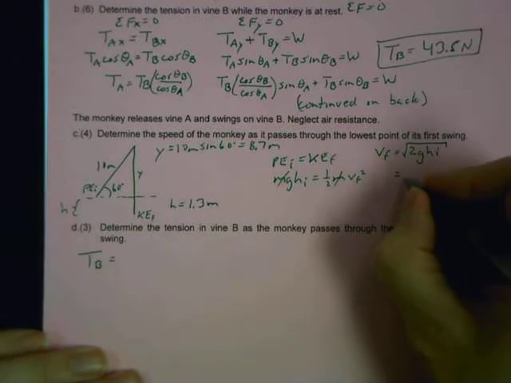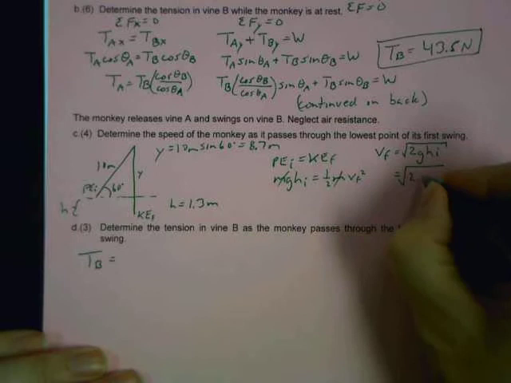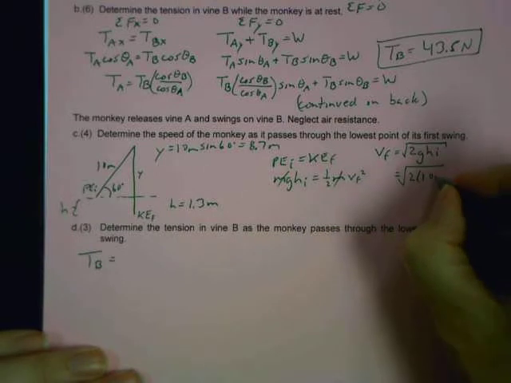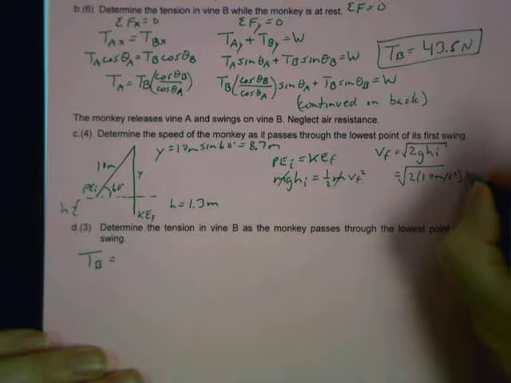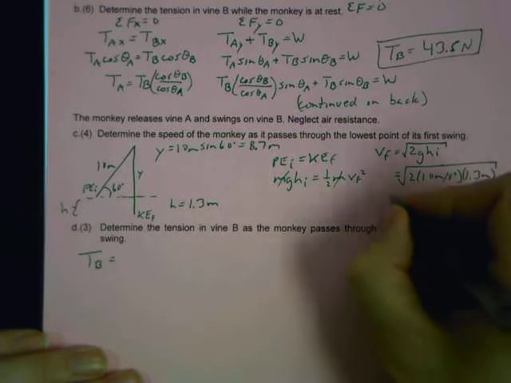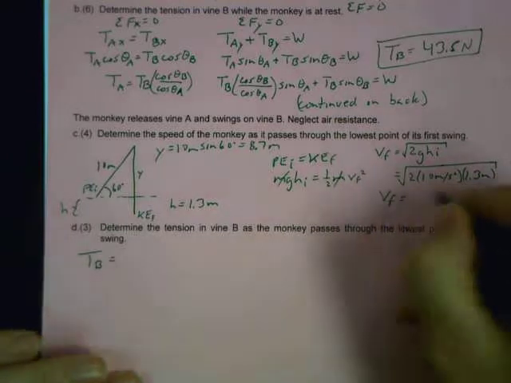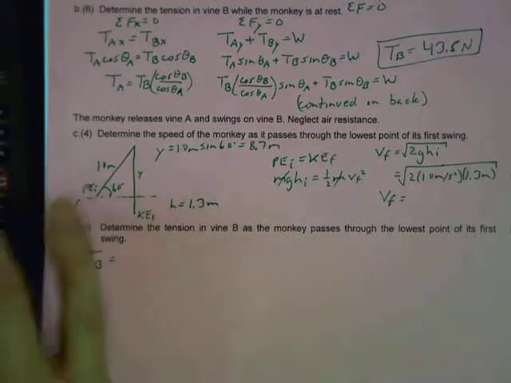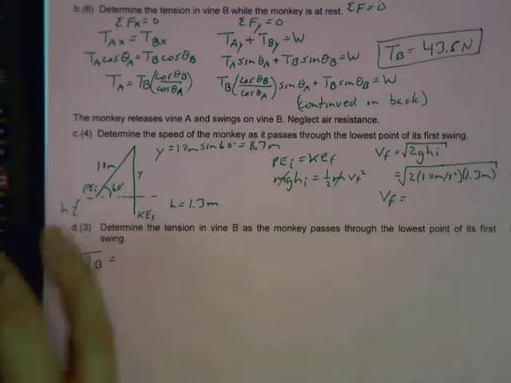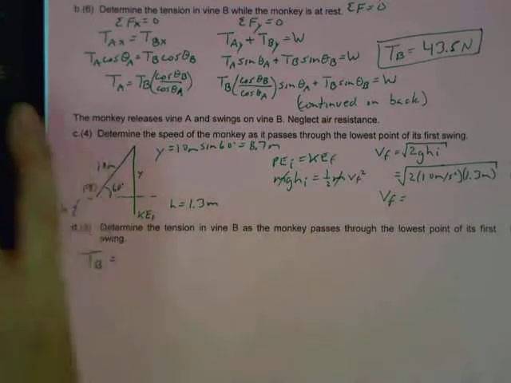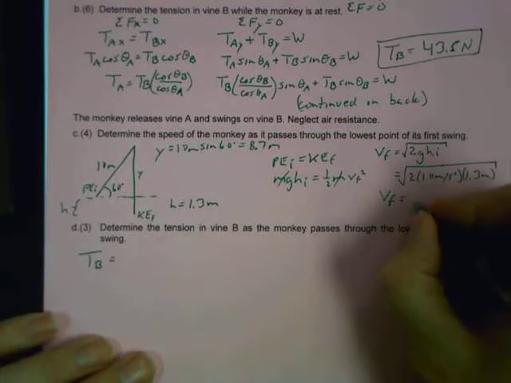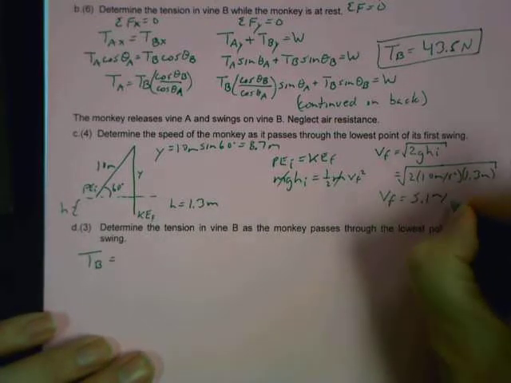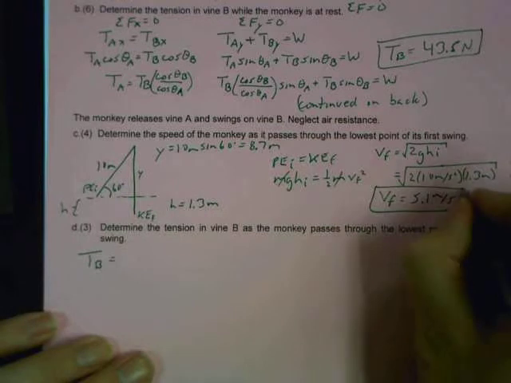So we've got the square root of 2 times 10 meters per second squared times 1.3 meters. So my final velocity, the velocity at the bottom, 1.3 times 20, and then square rooted is 5.099, so we're going to call that 5.1 meters per second.